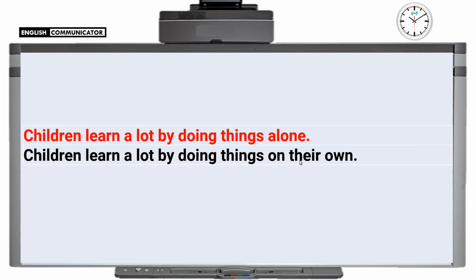Okay? So again, repeat the right sentence, and please always concentrate on the right sentence. If you feel that you do not belong to this group, you do not make these types of mistakes, it means you just concentrate on the right sentence. So children learn a lot by doing things on their own.